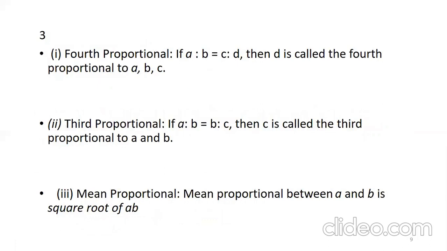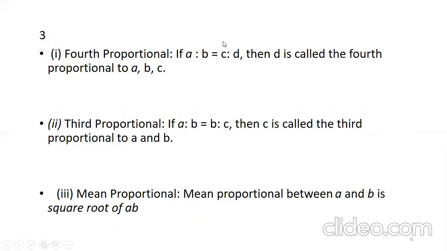The fourth proportional means what? If A is to B is equal to C is to D, then D is the fourth proportional to the first three terms, A, B, C. What is meant by third proportional? If A is to B is equal to B is to C, underline the term.